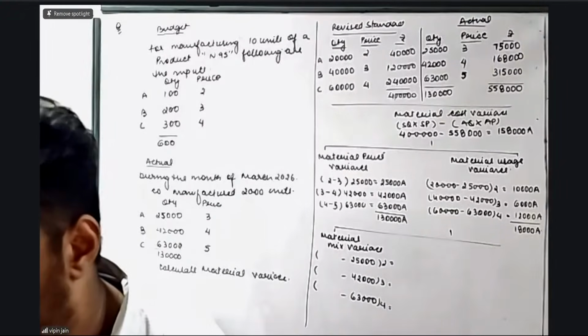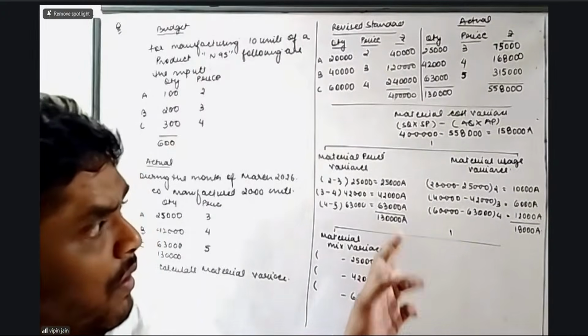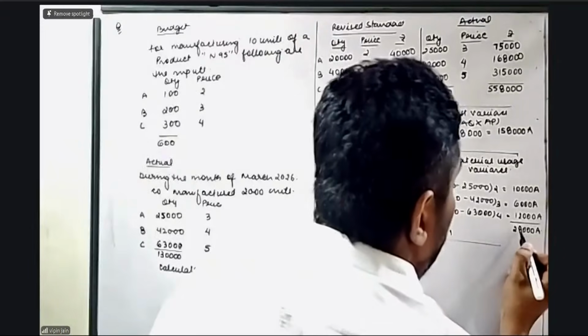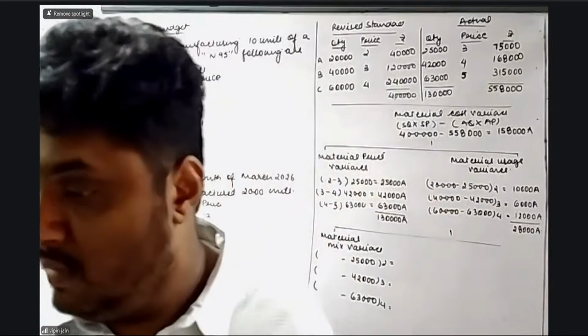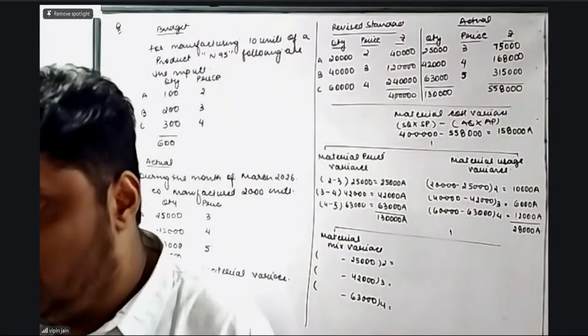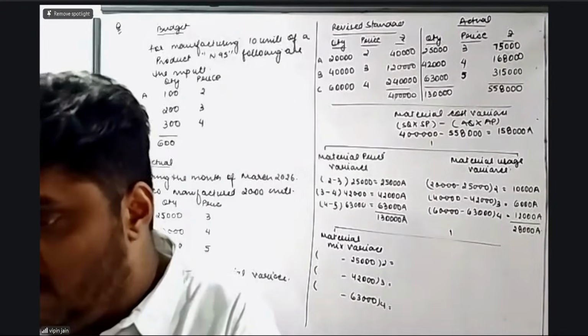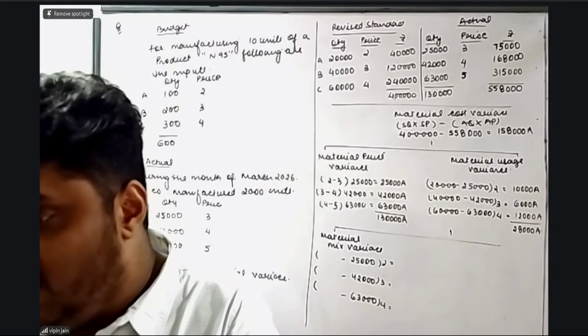The material usage variance is 28,000 adverse, sir. You put 18,000 adverse. Sorry. Yes. Thanks. Thank you, Nikunj. Yes, material mix variance.